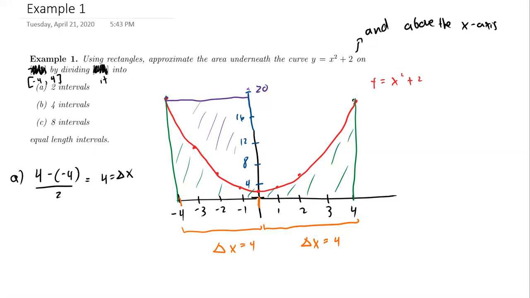Now, for the other rectangle, again, I'm going to start on the left endpoint of the next subinterval. The next subinterval goes from 0 to 4. So I'm going to go to the left endpoint. That's going to give me the height. What's the function value on the left endpoint? Well, that's 2. So this is going to be my height here at 2.